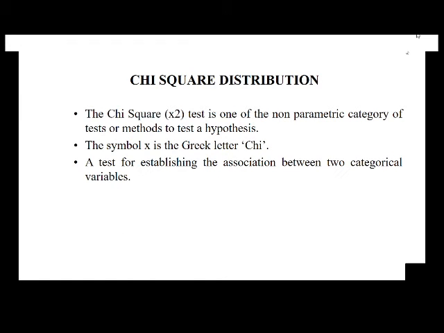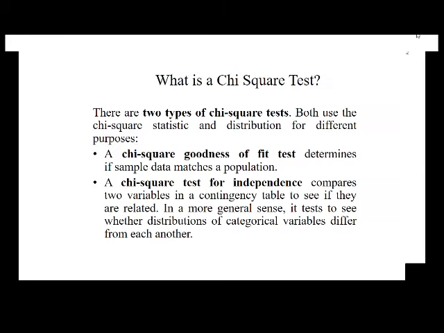A chi-square test is also called an x-square test. It is one of the non-parametric categories of tests, methods to test the hypothesis. The symbol x square is the Greek letter chi, a test for establishing an association between two categorical variables.